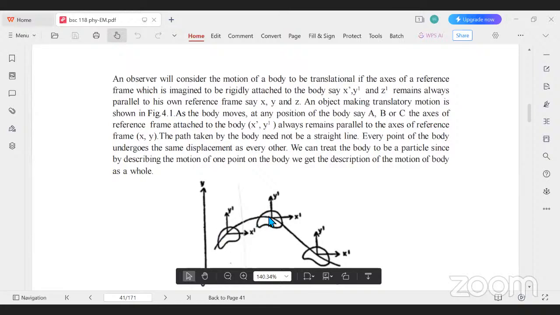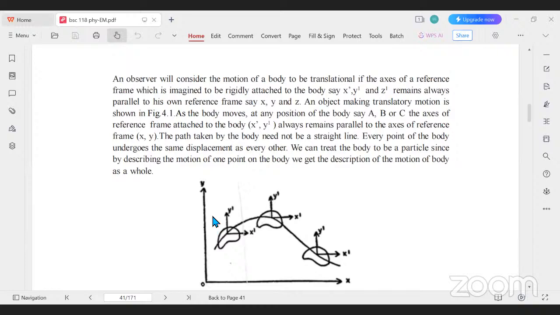So in this single wave, single axis, they are taking the particles and they are able to find the axis: x-axis, y-axis, x-axis, y-axis. Clear? So here you can find the position of the body, say A, B or C. The axes of the reference frame attached to the body, that is x1 and y1, always remain parallel to the axes of the reference frame, that is x, y.